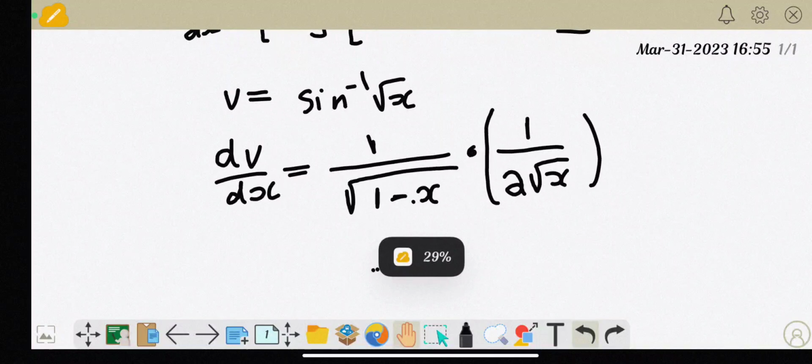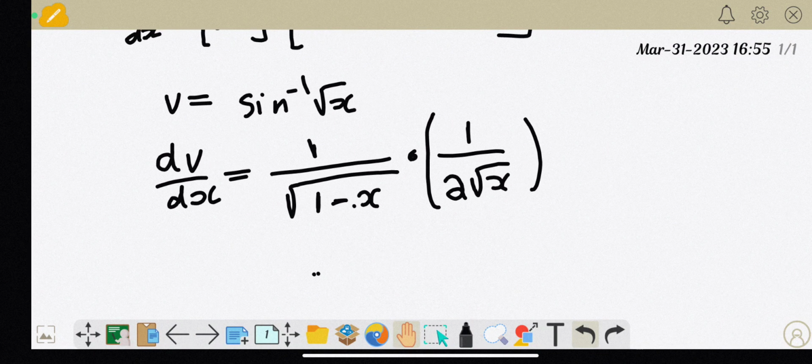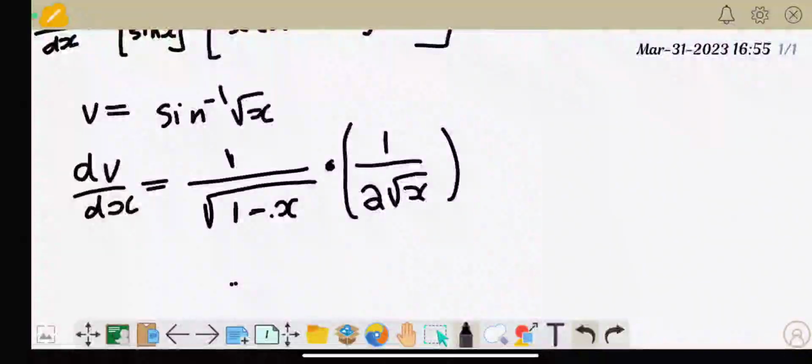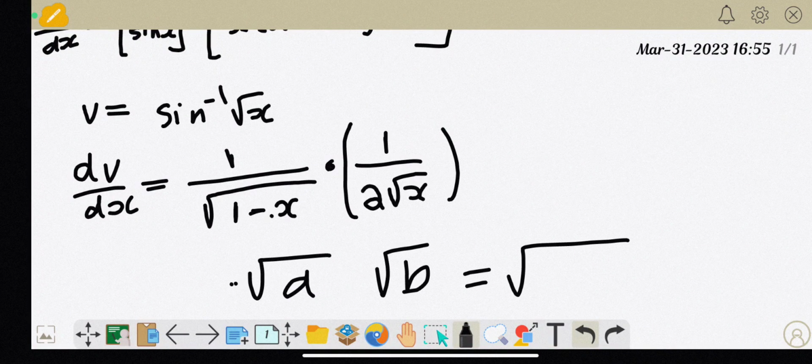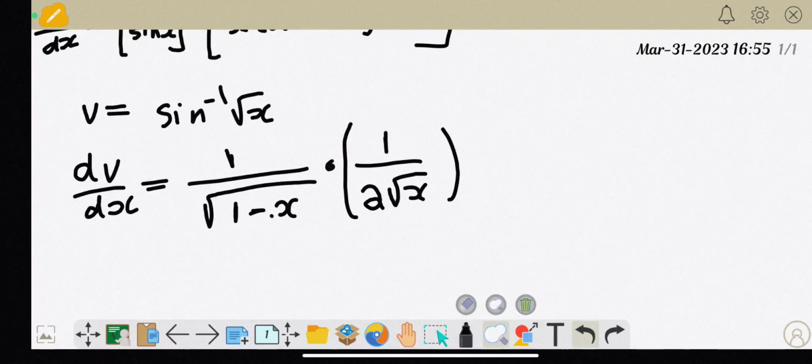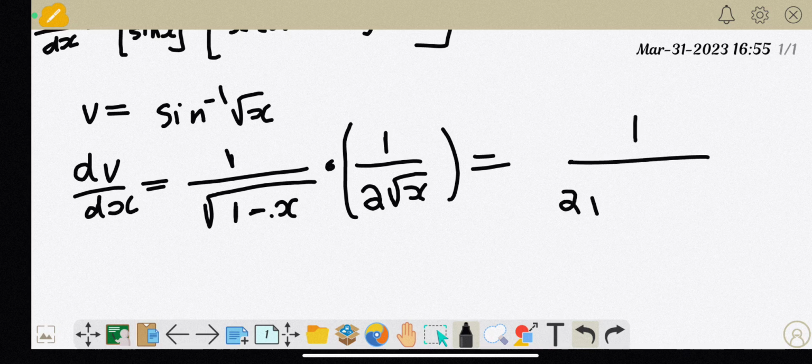So next step, you can add those. Now I can further simplify this. See here, root a into root b, I can write as root ab, correct? The same logic will be used here also. So here I can write 1 by 2 root x into 1 minus x.